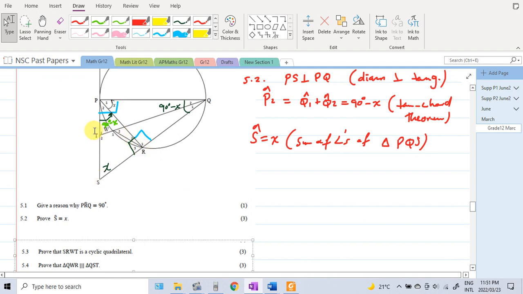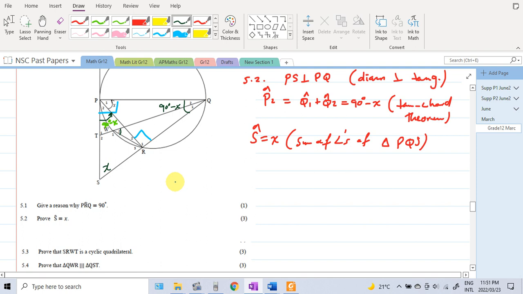Either by saying, okay, this 90 degrees is confusing me there, so let's take that out. Remember, you need to prove that angle T1 is equal to angle R3, or we can go across here, SRW. In other words, we need to prove that angle W2 is equal to angle S there.